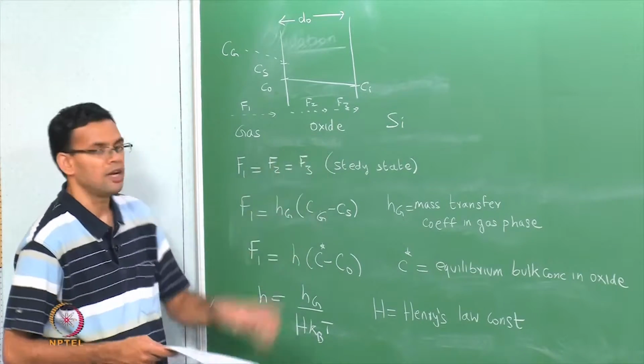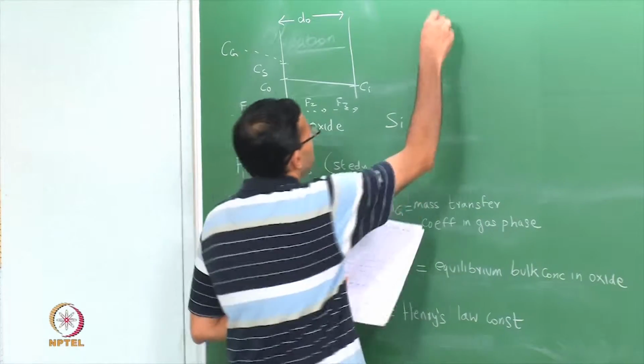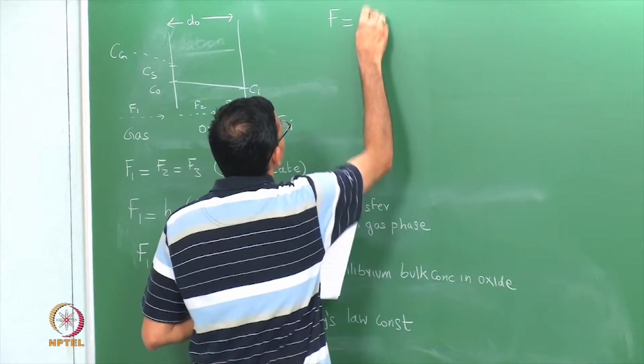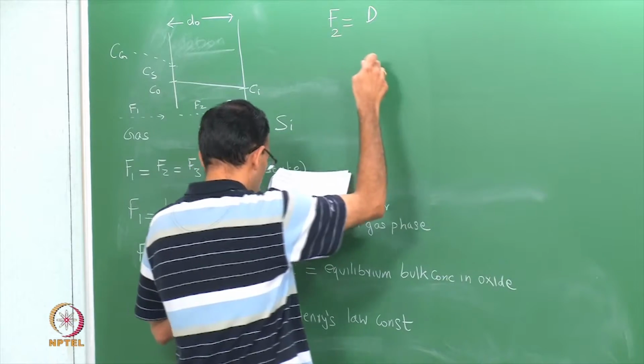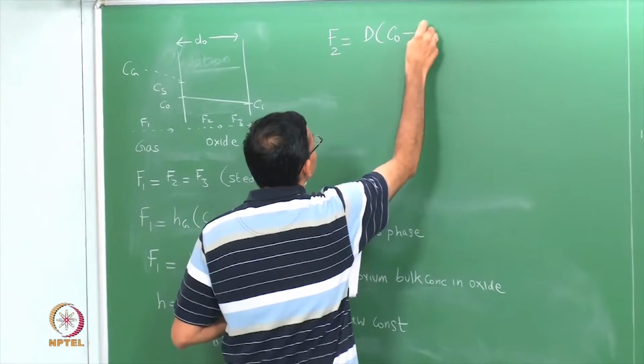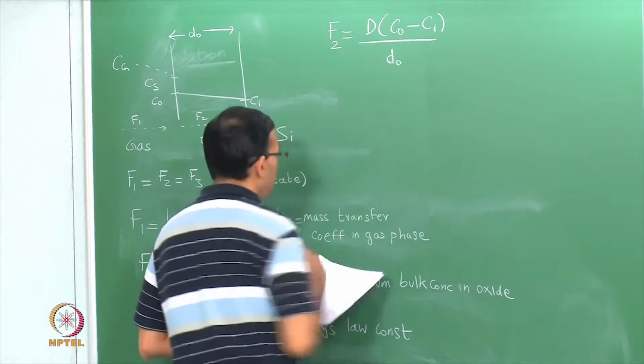Next, we can look at diffusion within the oxide layer. So, this we can usually write in terms of some diffusion coefficient. F2 is D times C naught minus C I divided by d naught.